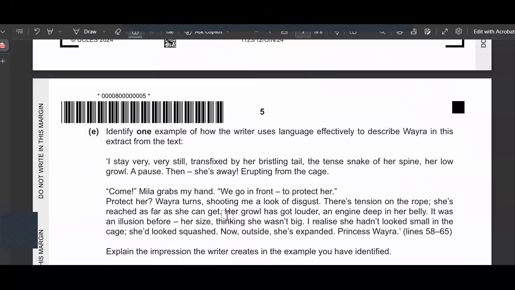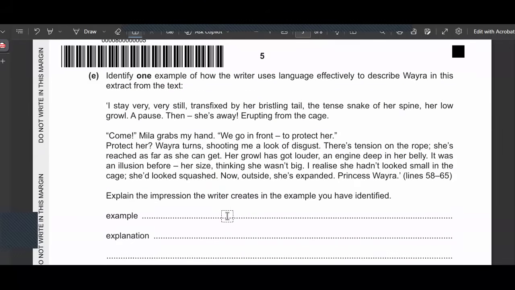Lastly, the last part of our reading component, question number two, part A. Over here, we are basically given a huge chunk from the original text, and we are required to talk about how the writer has used the language effectively to describe something. So here the description that the examiner is looking for is to describe the Vira in this extract.